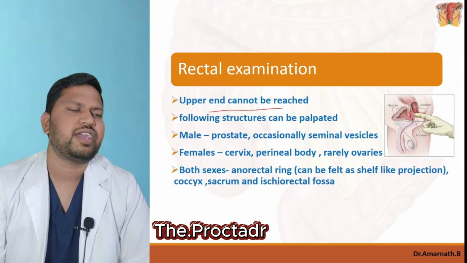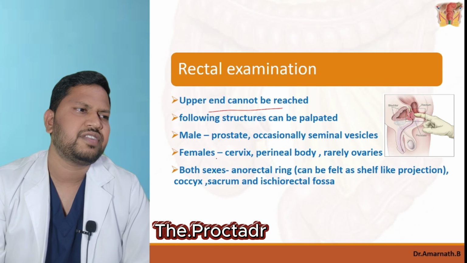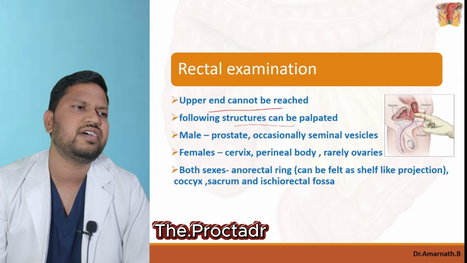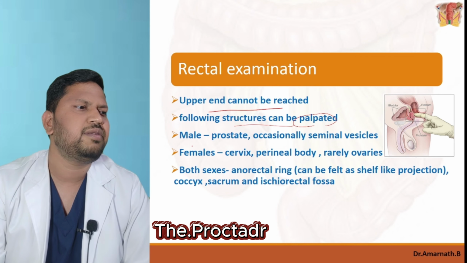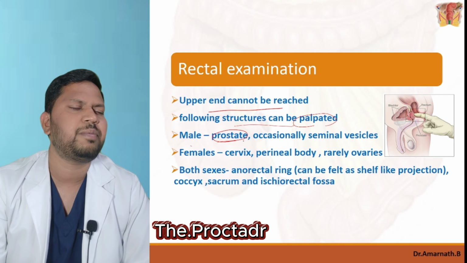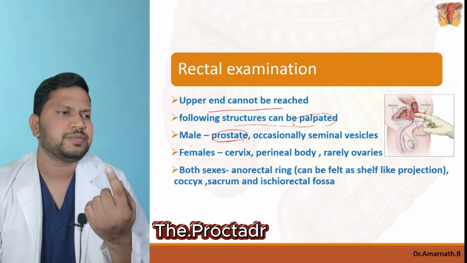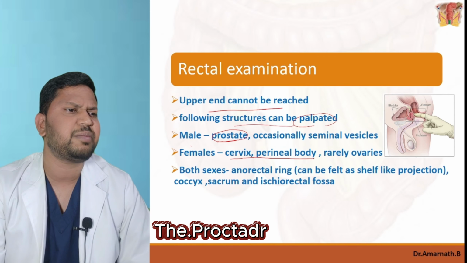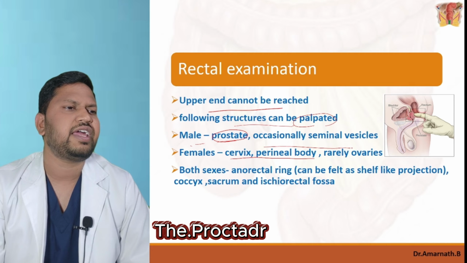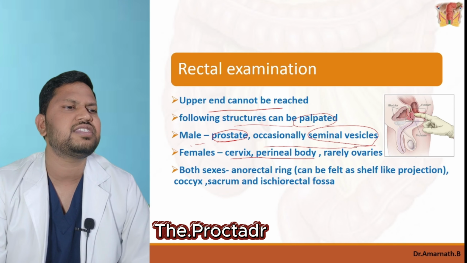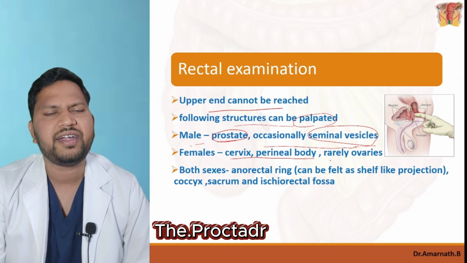So we cannot reach up to the upper end of the rectum, and we can palpate different structures in males and females. In males, we will palpate anteriorly the prostate gland, whereas in females, the cervix and perineal body. In males, rarely we will find the seminal vesicles when they are inflamed or dilated.